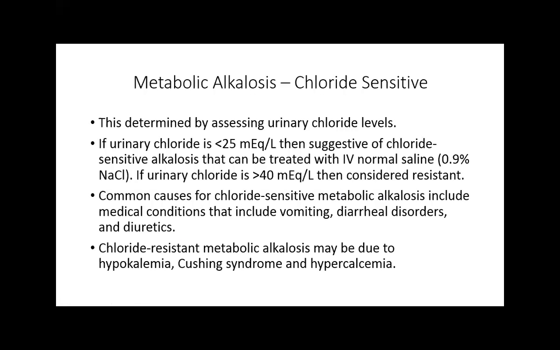So essentially what happens is that because there's so much acid that's being lost, protons being lost, and many times with the chloride as a counter ion through the GI tract, that metabolically, within the person, they shift the whole pH.